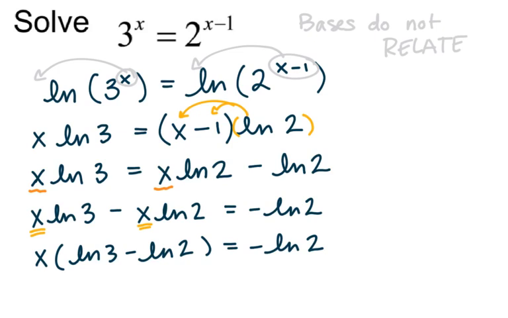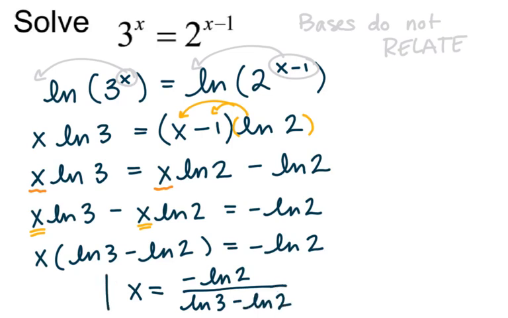So that GCF, factoring that out, now allows me to divide by ln 3 minus ln 2, which gives me that x equals negative natural log of 2 over natural log of 3 minus natural log of 2. And that is my exact answer here.